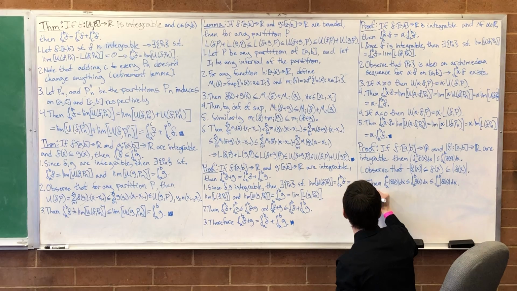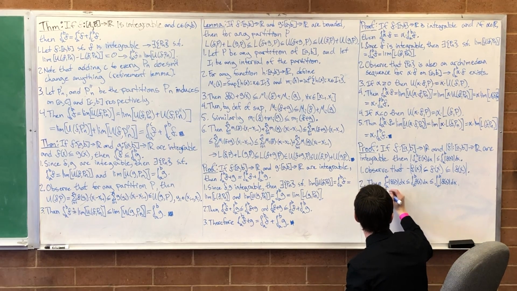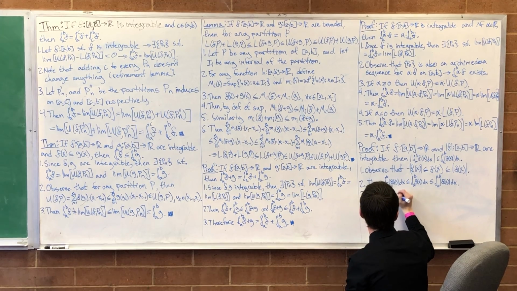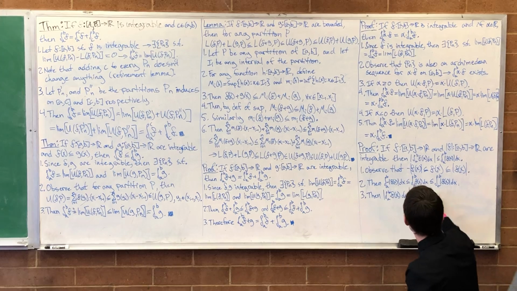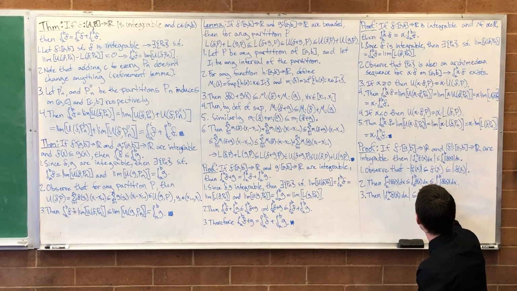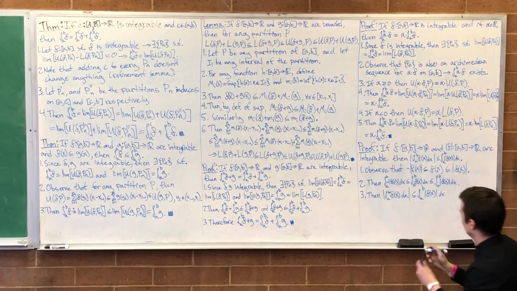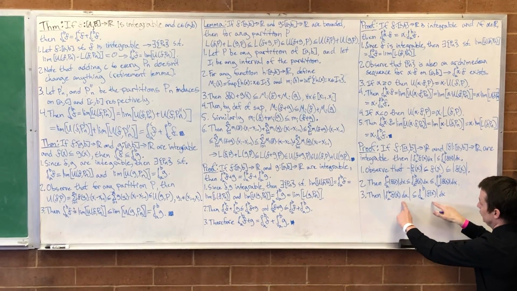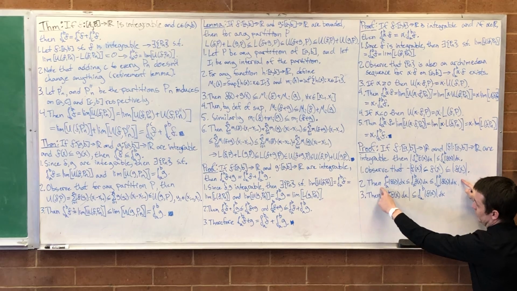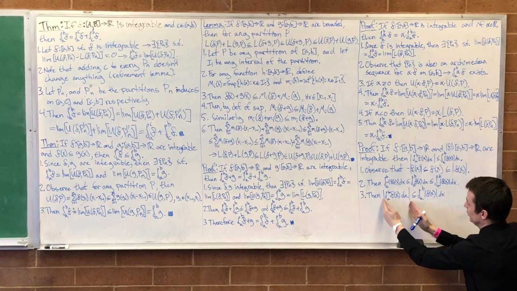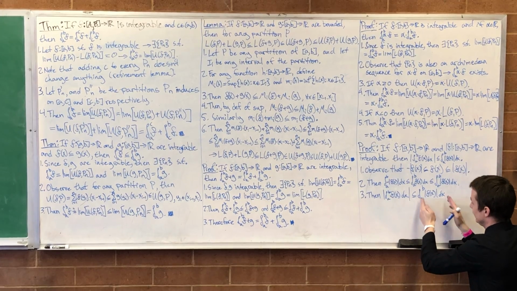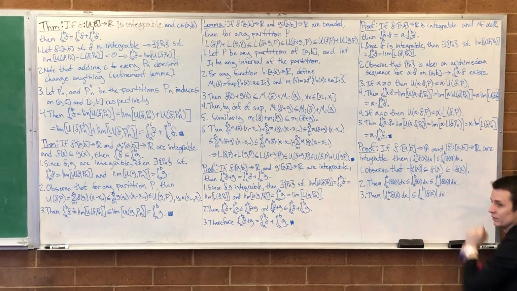So then, maybe if I would have just written this, then we can think about it backwards and that would help more. Then the integral from a to b of f of x dx is less than or equal to the integral from a to b of the absolute value of f of x dx. So if you were to think about how we would undo this one step, that's exactly what this is. The absolute value of this, less than or equal to this, is the same thing as the value inside my absolute value being sandwiched between this and its negative, which is exactly what we have here.